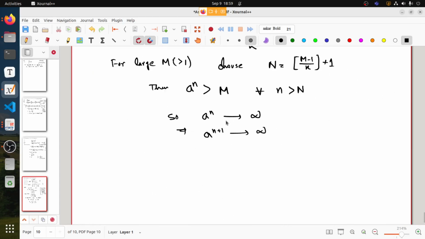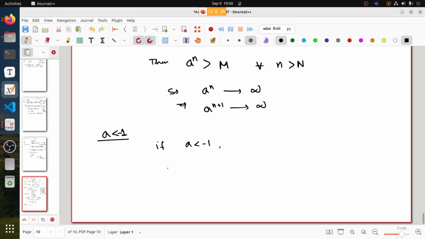Now we will check this for a less than minus 1. So if a is less than minus 1, then you can choose these two subsequences.